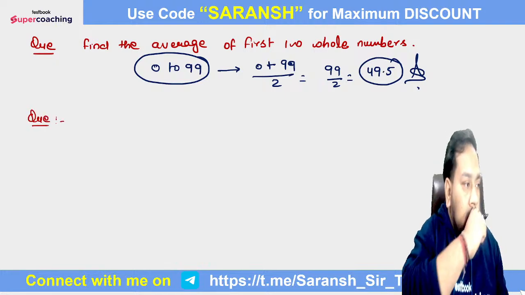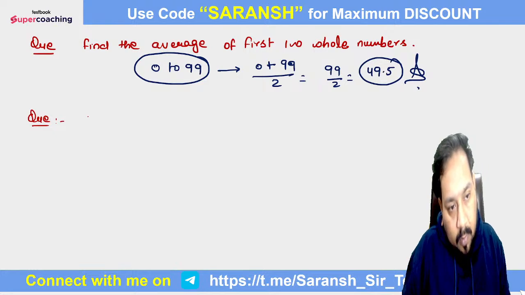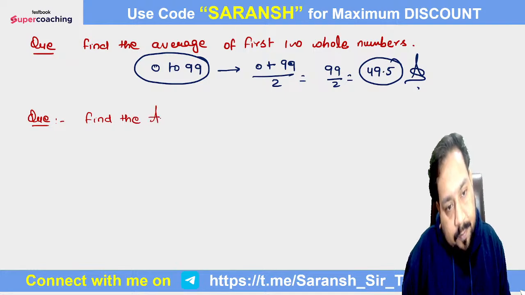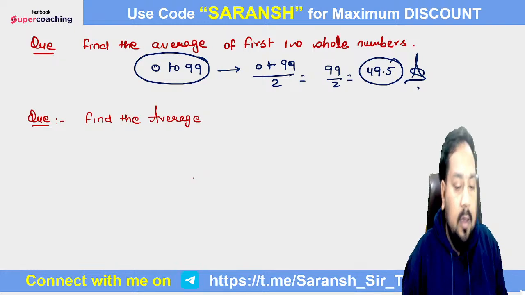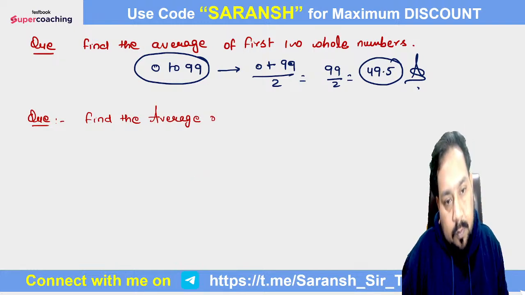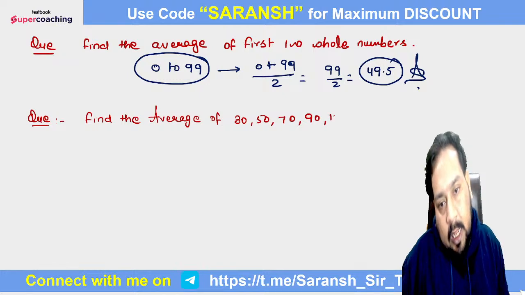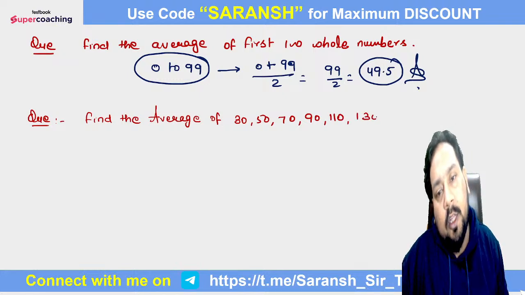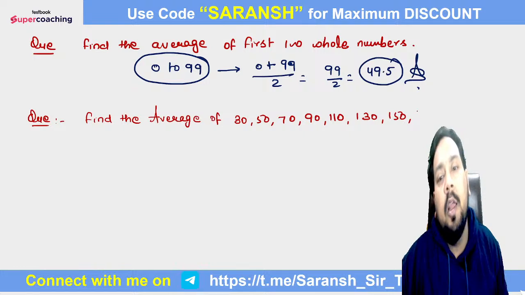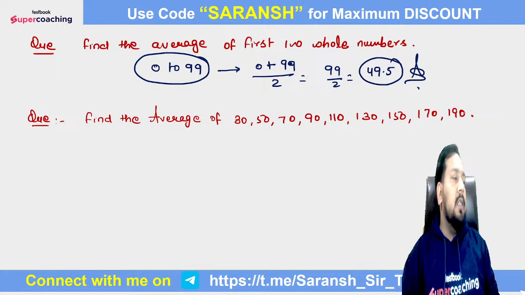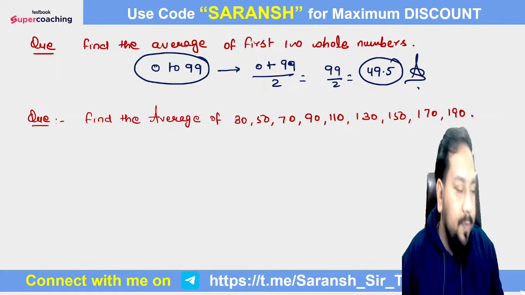Question is, find the average of 30, 50, 70, 90, 110, 130, 150, 170 and 190. Now just calculate the average.